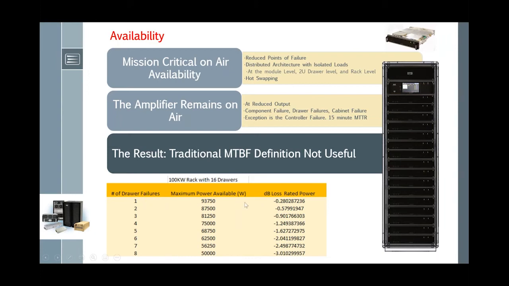In other words, just 0.28 dB below full rated power. And if 2 drawers failed, 88 kilowatts, and so on. So the benefit's clear for maximizing availability, if your amplifier doesn't operate at full rated power, or your mission is still effective at, say, 0.28 dB below full rated power. So George, that's an important slide then.